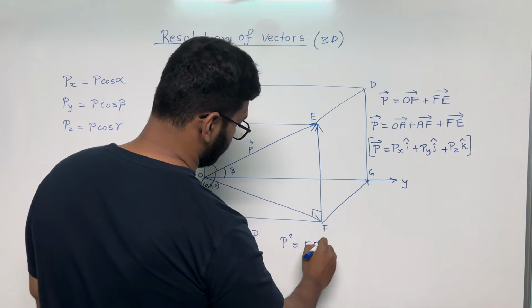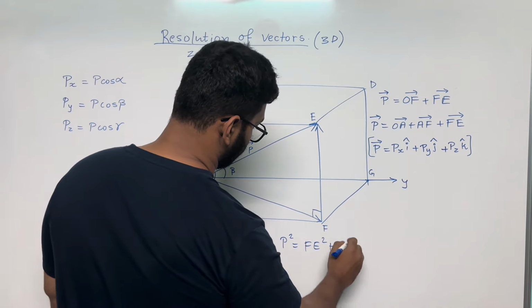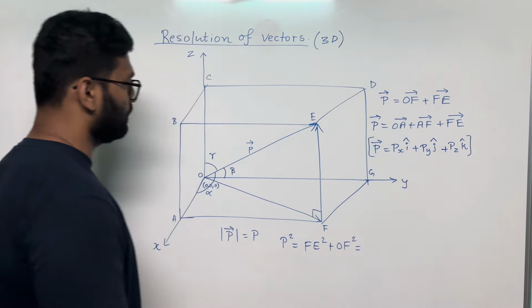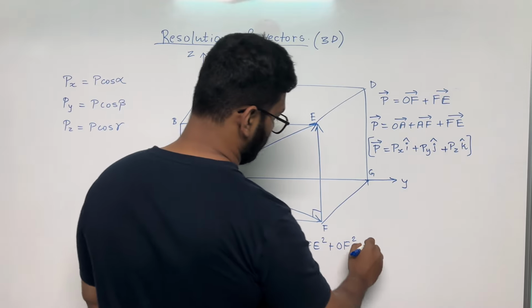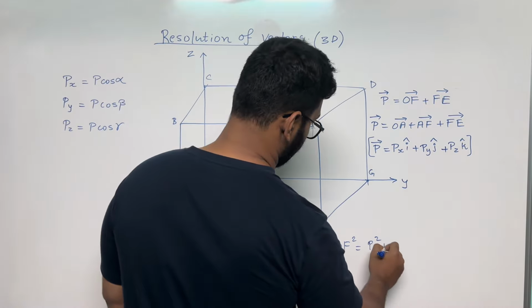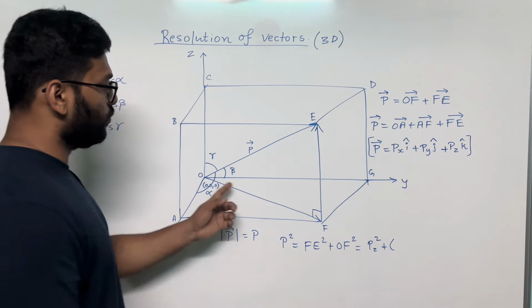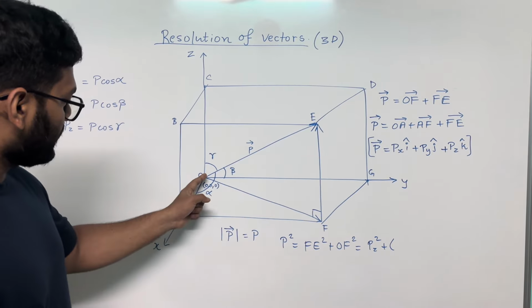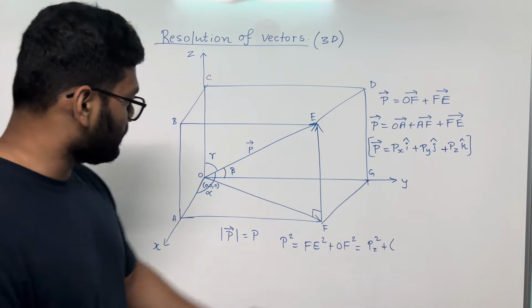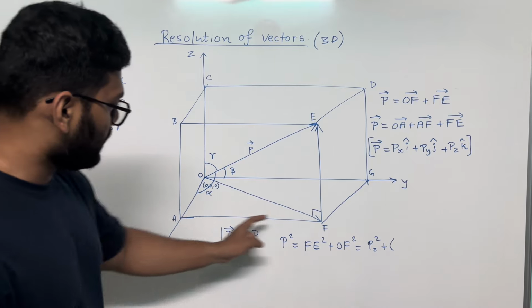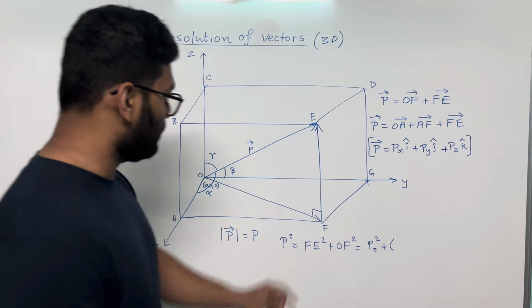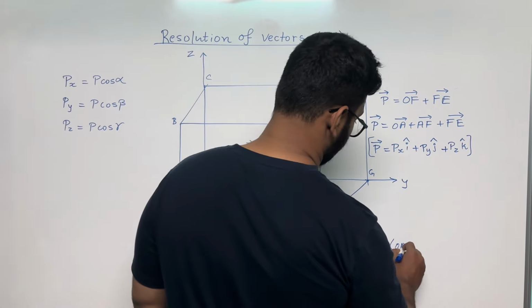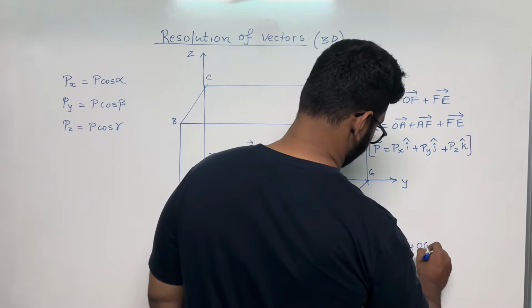But FE is nothing but Pz, so I can write Pz square plus OF square. But what is OF square? OF square can be written as OA square plus AF square, but AF is equal to OG, so I can write it as OA square plus OG square.